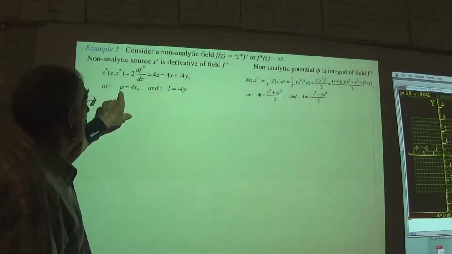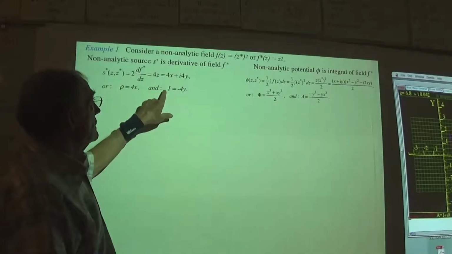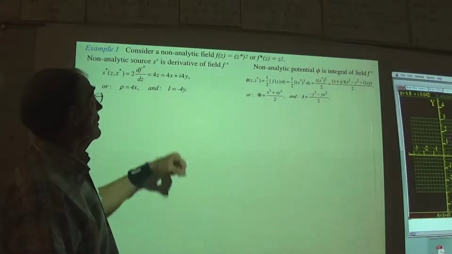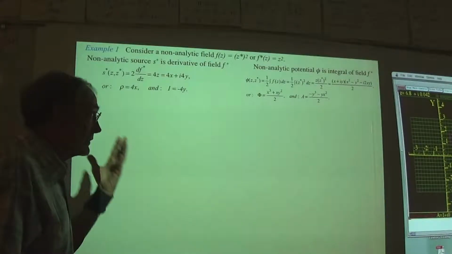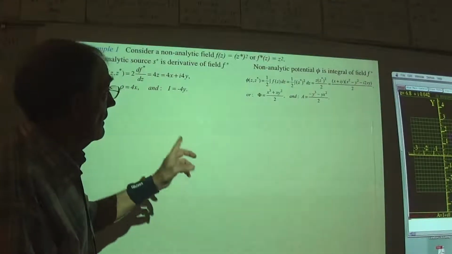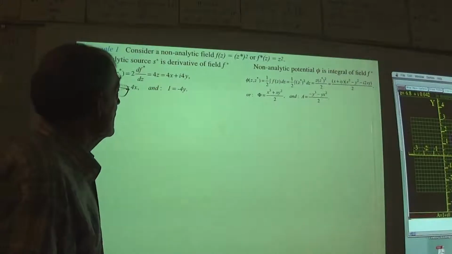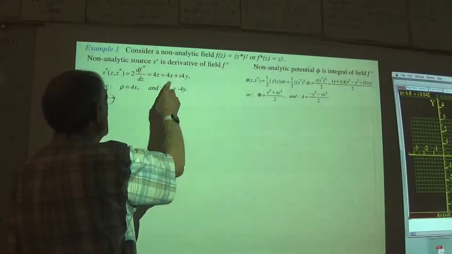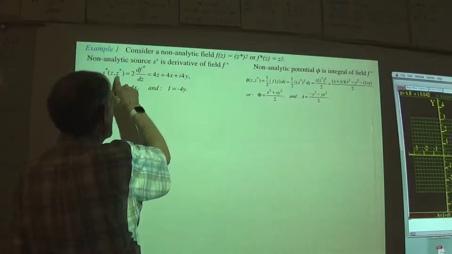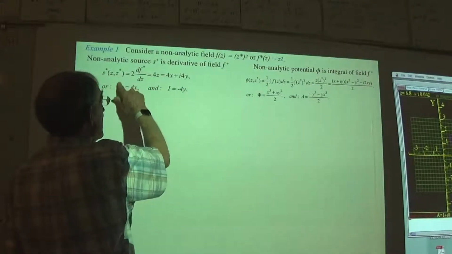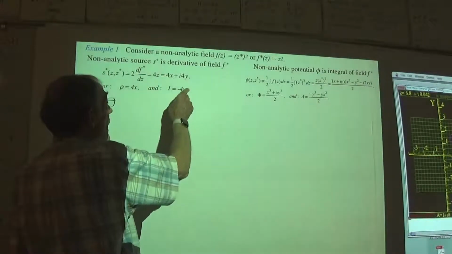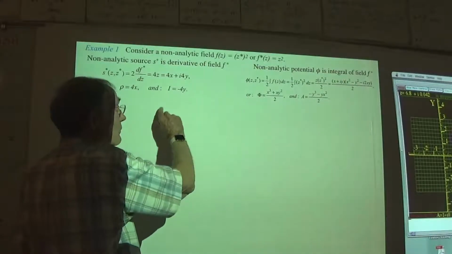I've got a density of 4x, and I've got a current density of minus 4y. I just took that out of a hat. And as a result, I get a source, 4x plus i4y, for those values.